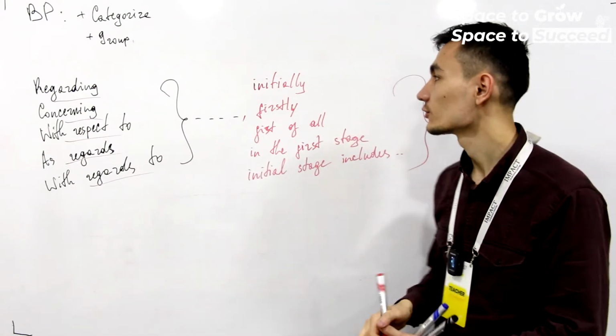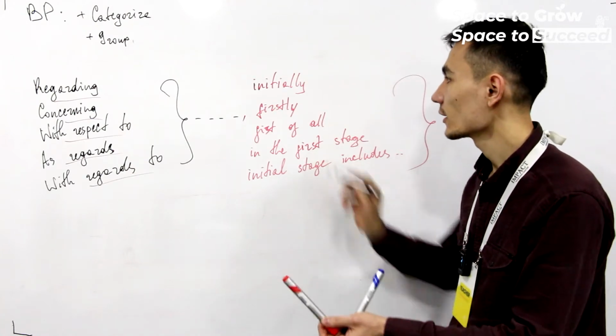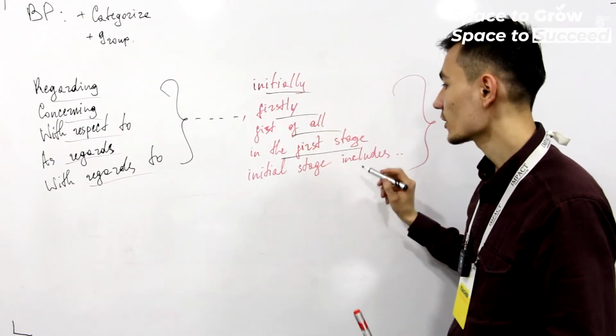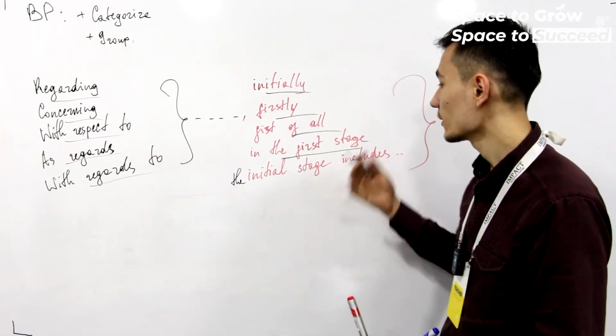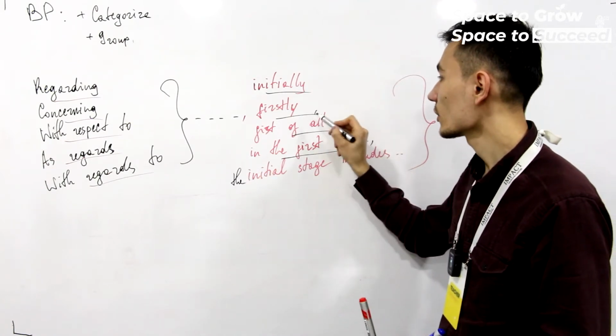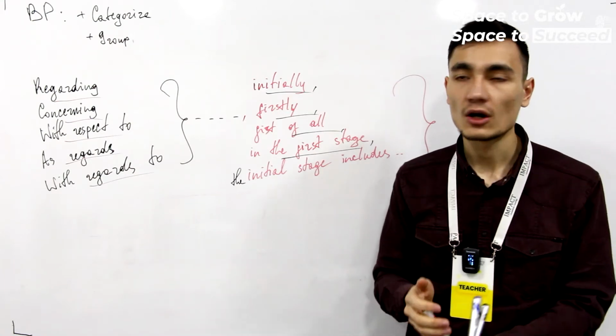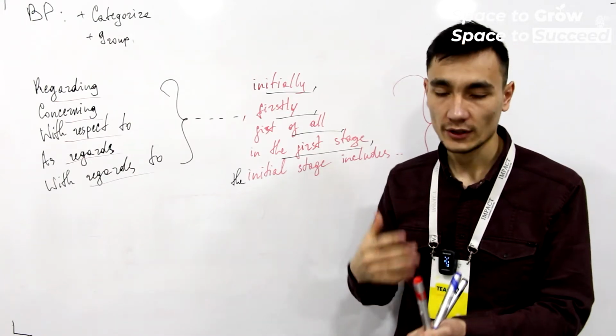As you see, you can use the structure initially, first of all, in the first stage, the initial stage, and you have to put a comma after them to start the first sentence and first stage of your essay.